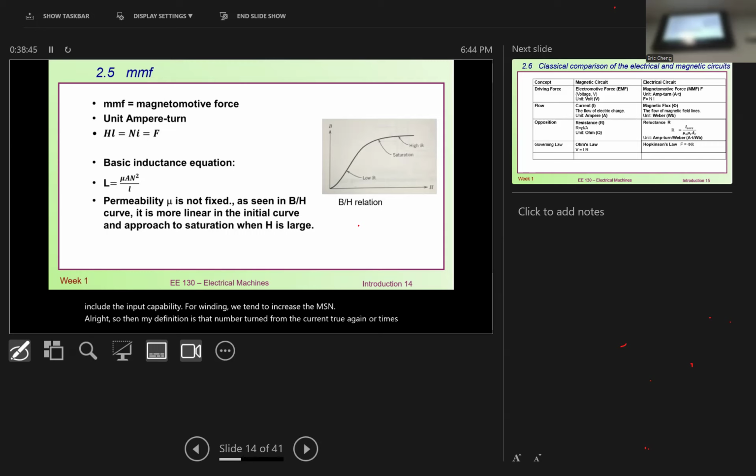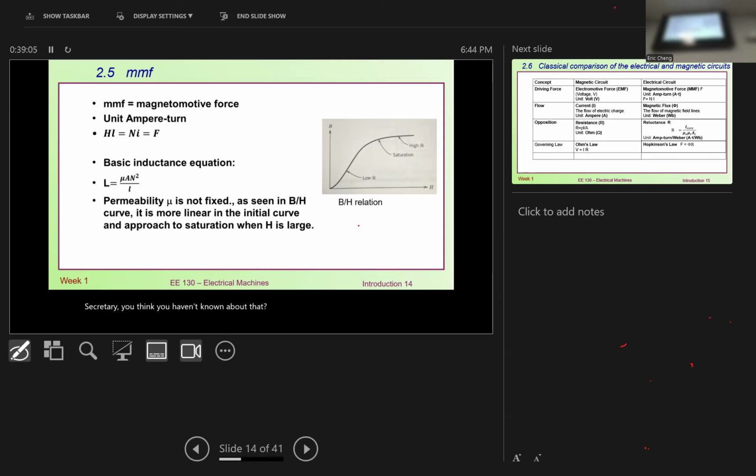So that is the basic definition for the terminology we call MMF. MMF is a new concept. If you have only learned about circuitry, it seems you haven't learned about MMF yet. Later I will show you more examples.